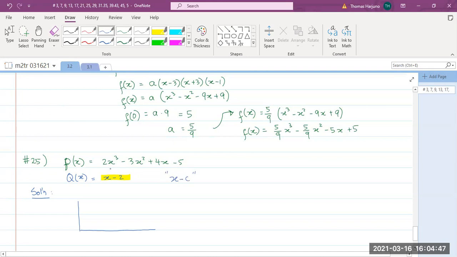Okay, then you can use synthetic division. Let me start. The coefficients of the dividend, 2x cubed minus 3x squared plus 4x minus 5, divided by x minus 2. So this is 2, 4, 1, 2, 6, 12, 7.